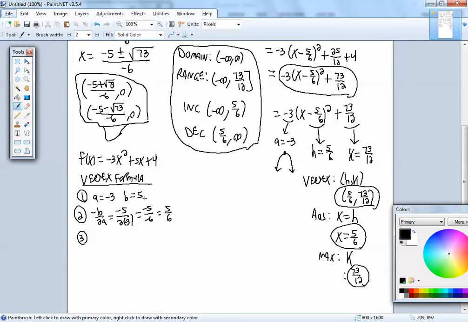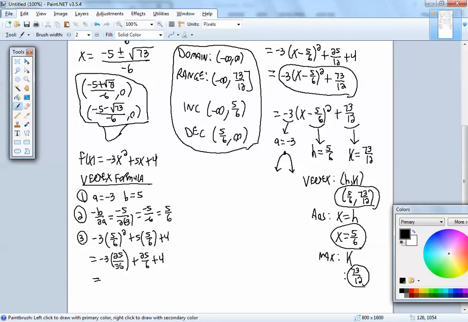Step 3, we're going to plug that value into our original function and simplify. So we got negative 3 times 5/6 squared plus 5 times 5/6 plus 4, which gives us negative 3 times 25 over 36. 5 squared is 25, 6 squared is 36. 5 times 5 is 25, so we've got 25 over 6 plus 4.